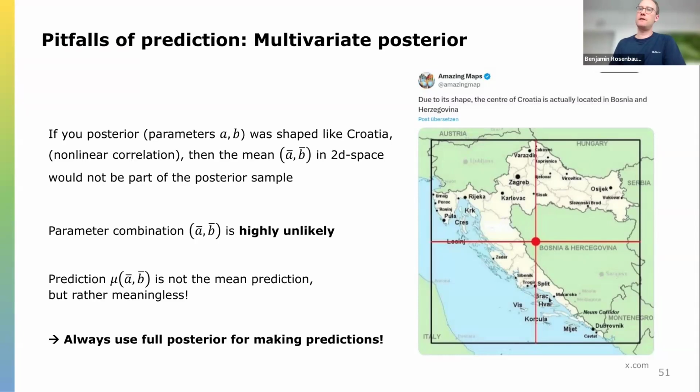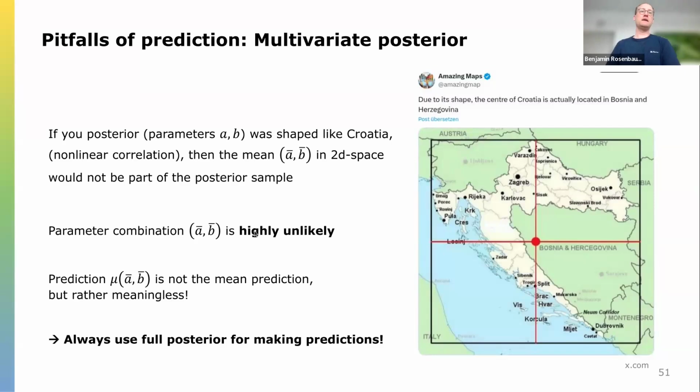And if you think of this as your posterior, and you are using the mean values of, for instance, longitude and latitude, so this would here be parameter A and parameter B, then this mean wouldn't be part of the posterior at all. This special combination of parameters, A and B, would have zero probability mass.